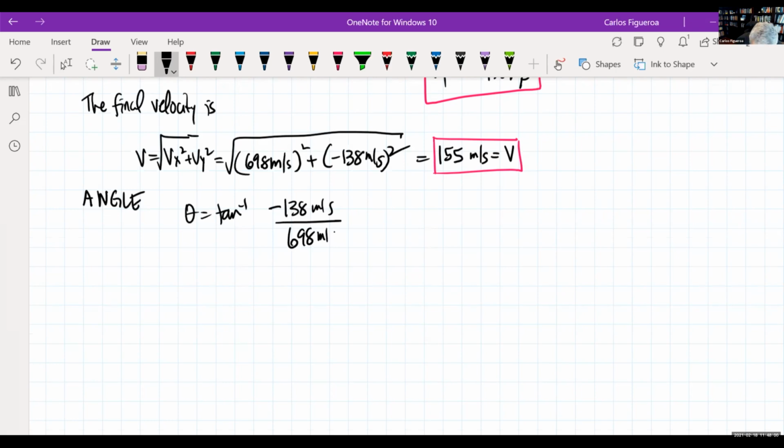I wrote 600, no, it should be 69.8. If I calculate that, the first thing that shows is a negative sign. That's exactly what we wanted. So when I compute that, I get minus 63.2 degrees for the angle.